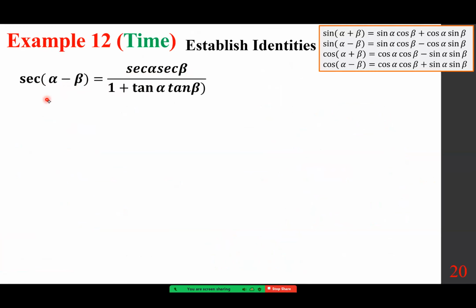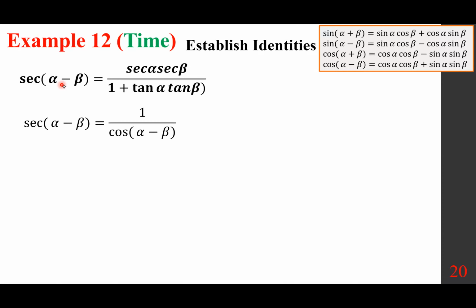Secant is 1 over cosine. So it's 1 over cosine of alpha minus beta. And we're going to expand this. Cosine alpha cosine beta plus sine alpha sine beta.